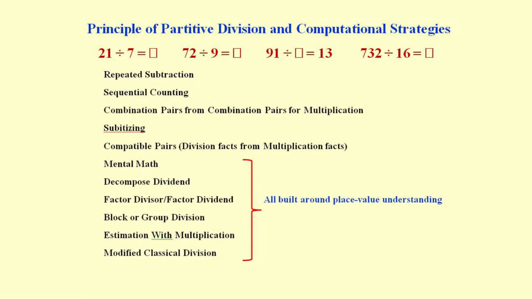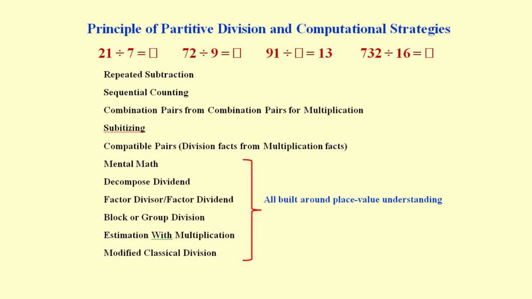Before I do that, however, that strategy requires us to be able to estimate or to figure out sizes. Even when we can't get the exact amount, we want to be able to do something that leads us to approximations. So again, we've been down through this list of computational strategies for division.